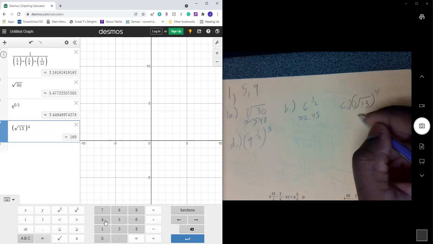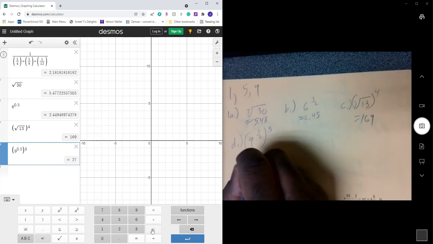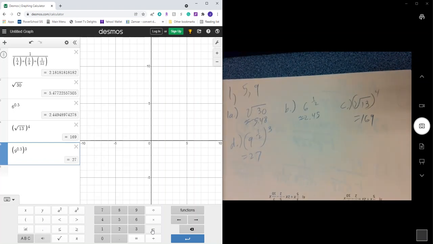And that'll give us 169. Now that's exact. And then now, we would do the next thing. We would add 9 to the 1/2 power, which is really 0.5. Close that parenthesis. And then we would take that to the 3rd power. And that gave us exactly 27. So that took care of problem number 1.